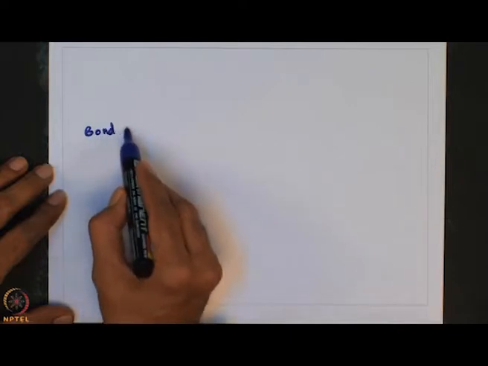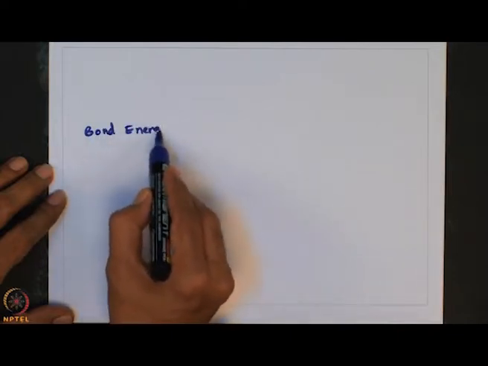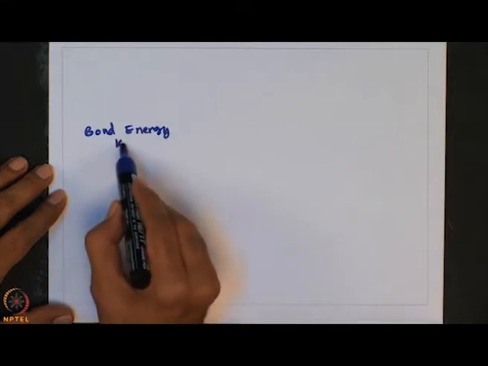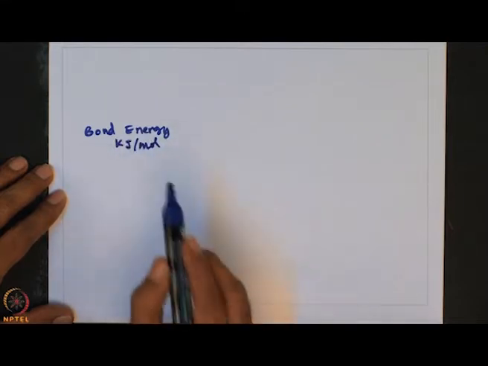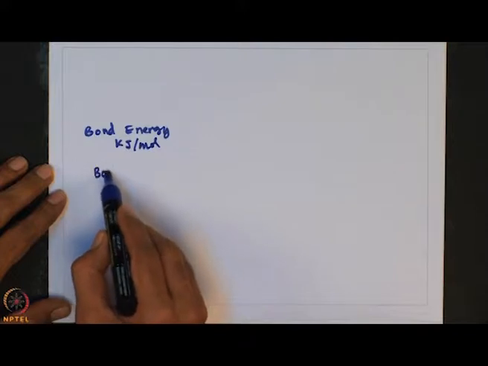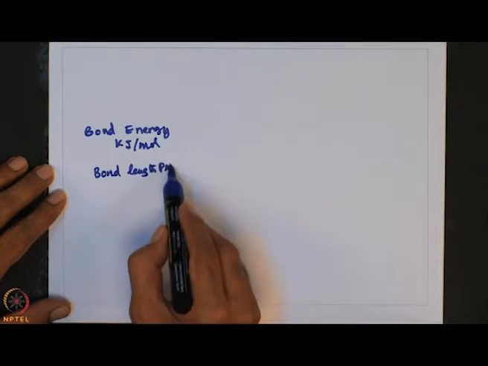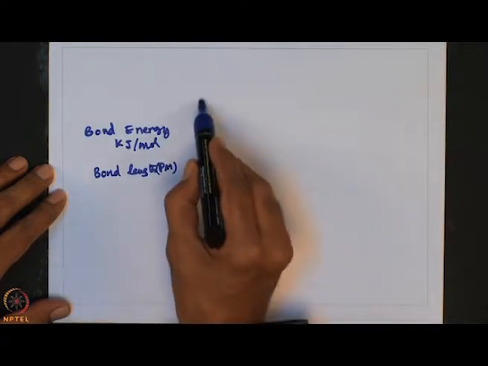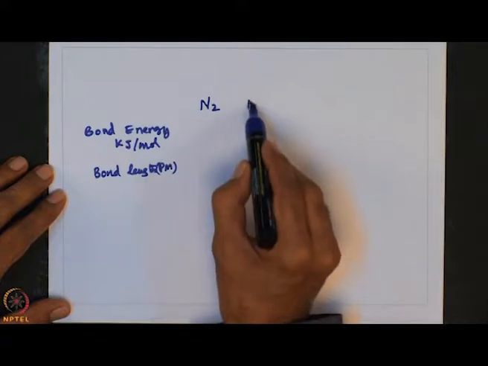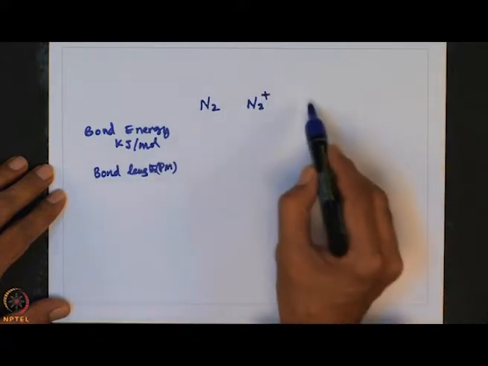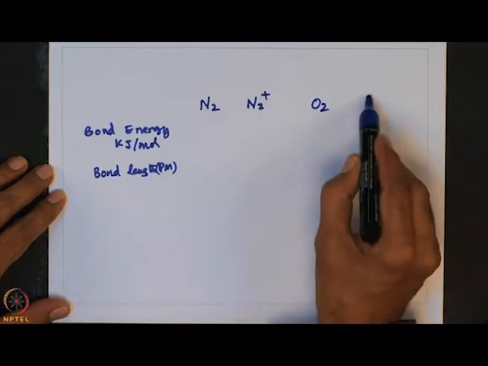With this, let us look into the bond parameters I told you. What are those bond parameters? For bond energy, I am writing in kilojoules per mole, and also I am writing bond length in picometers. Okay. N2 and N2 plus, and then O2 and O2 plus.